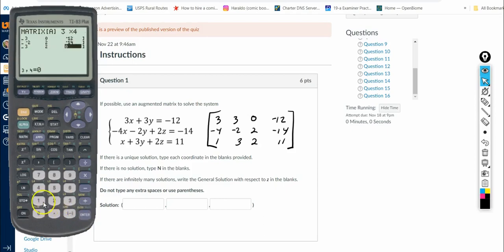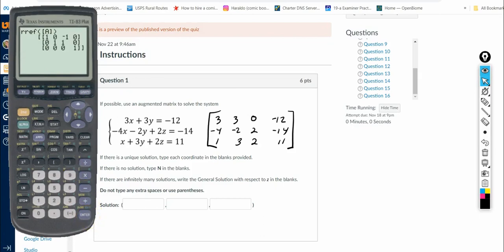Last thing I'm going to do is check and make sure I've entered this properly. Okay, that looks good. I'm going to get out, get back in. Then I'm going to go over to math and go up to RREF. Then I'm going to get back into the matrix menu and under names I'm going to choose A.